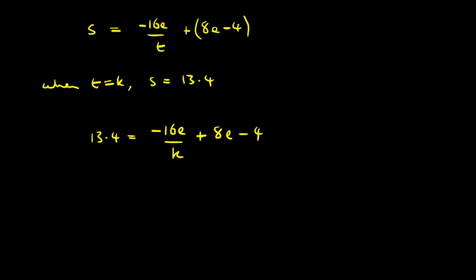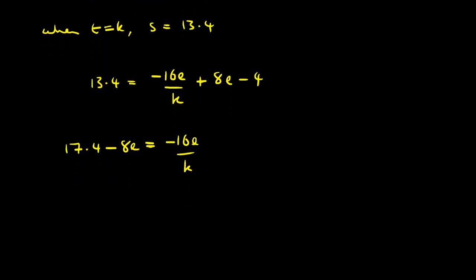Okay, so what's the best way of sorting this out? I think let's just rearrange. So I'm going to get 13.4 plus 4 is 17.4 minus 8e is equal to minus 16e upon k.